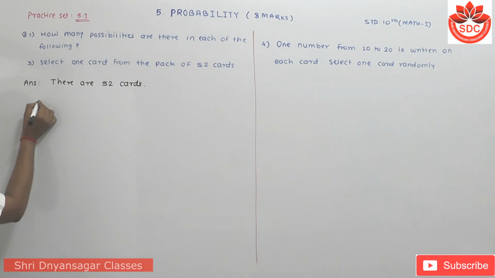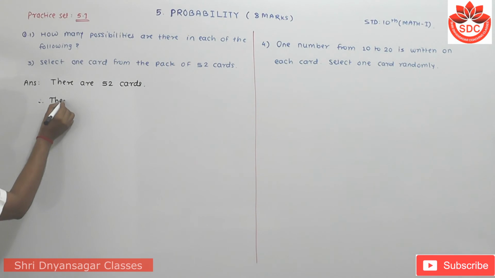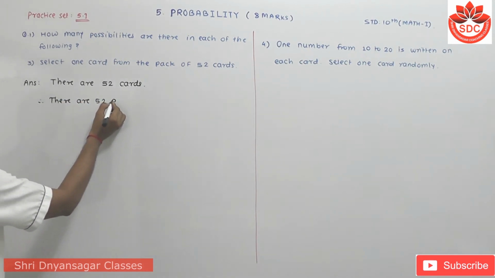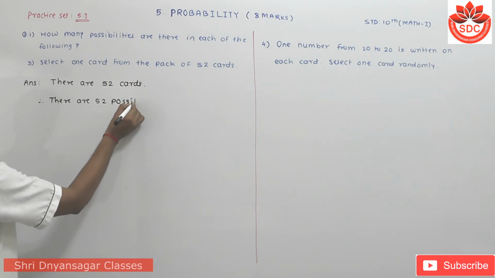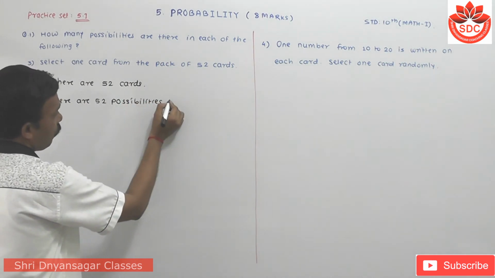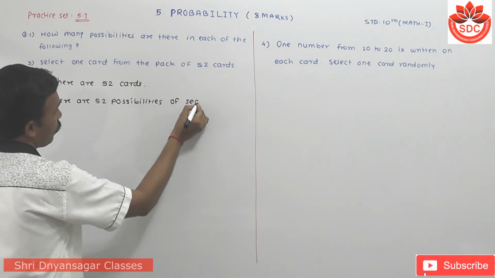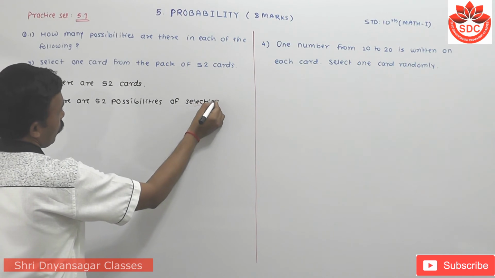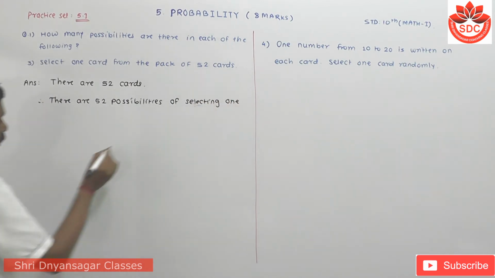Therefore, there are 52 possibilities of selecting one card.